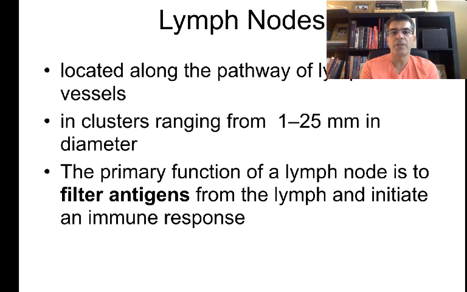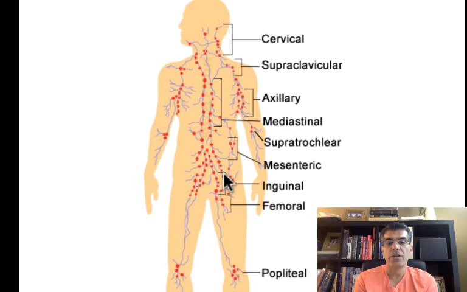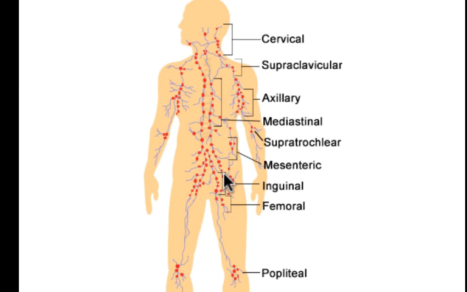The size of lymph node can be as small as 1 to 25 millimeter in diameter. So what's the function of lymph node? Fighting against germs inside the lymph. Your lymph node should not be palpable, but if it becomes palpable, that means your lymph node is too big, and as a result, you're concerned that probably something is happening in your body.